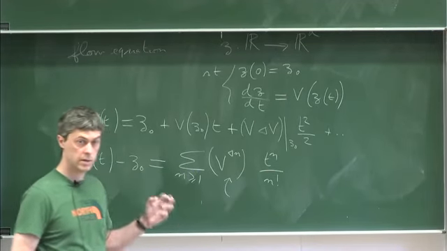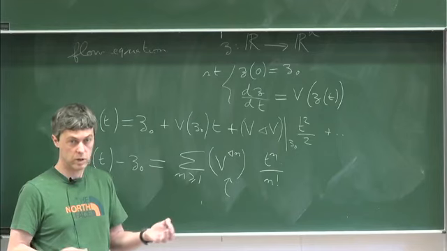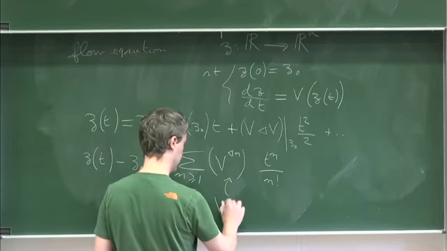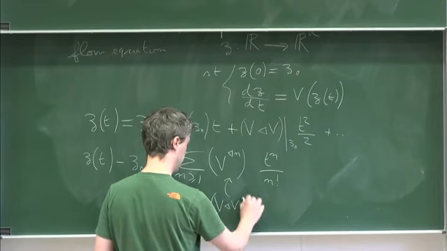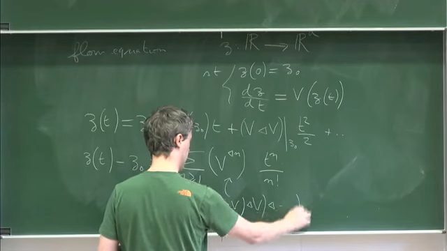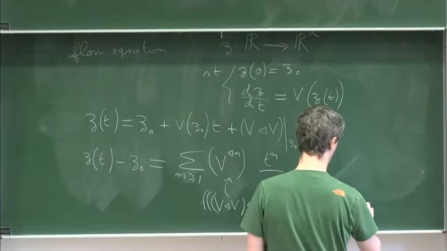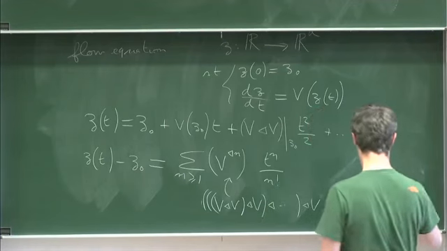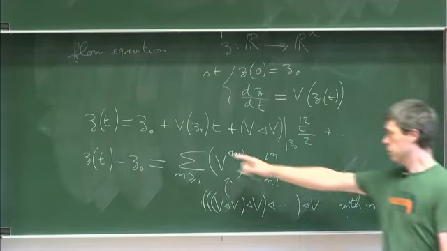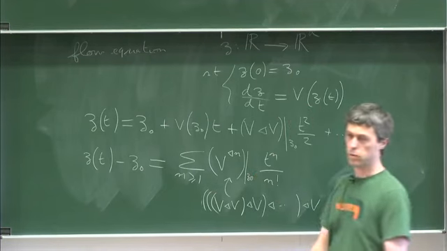This is not an associative operation, so we have to specify what bracketing we make when we take the nth product. It's the right bracketing: V, V, V, and so on up to V with n V's. Just one V, and every one of these has to be taken at z0.